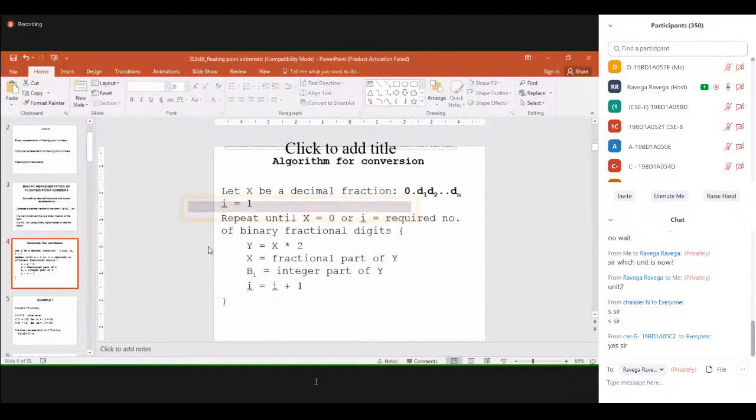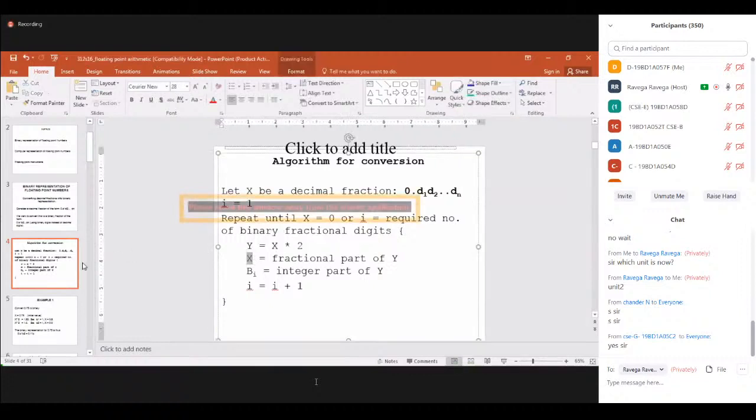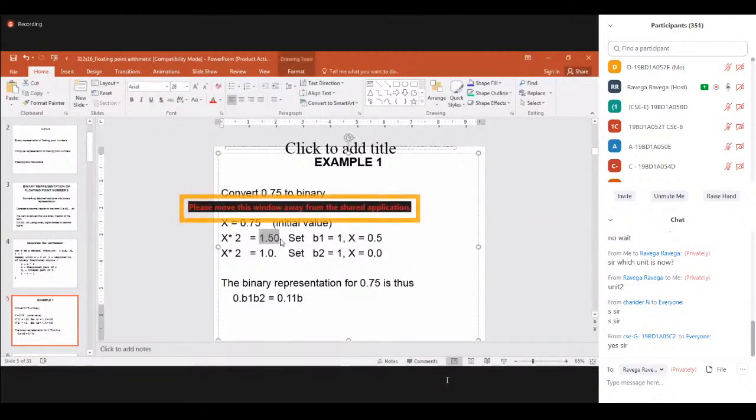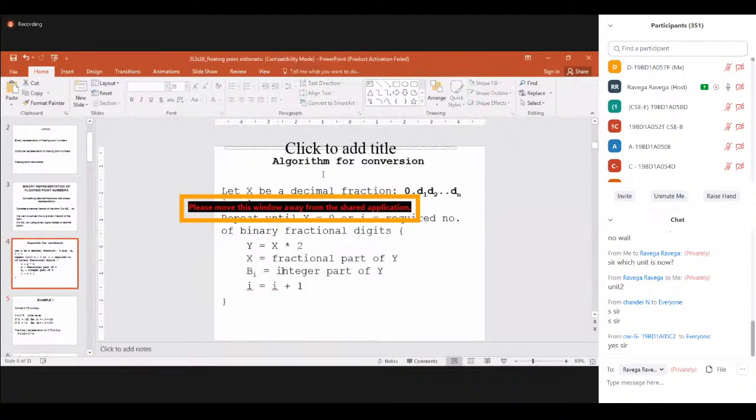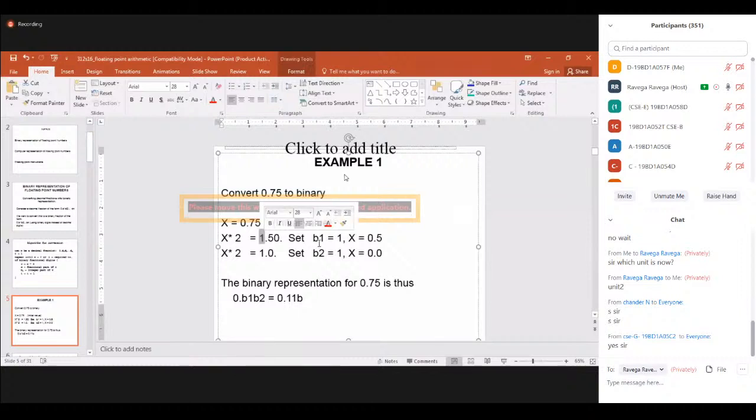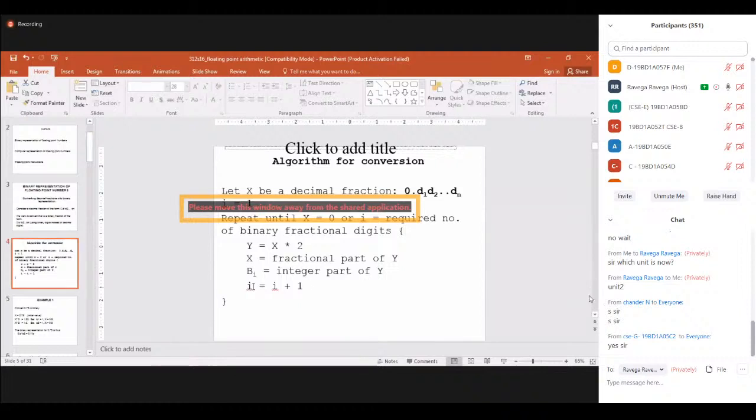The fractional part is x, that is 0.50, and 1 is the integer part, bi, in the sense b1. So b1 equals 1 and the fractional part x equals 0.5. And then i equals i plus 1.